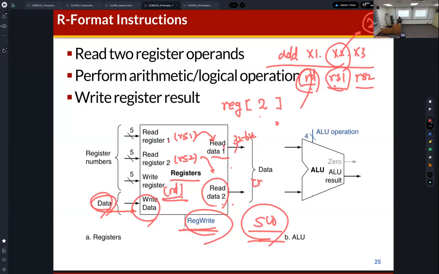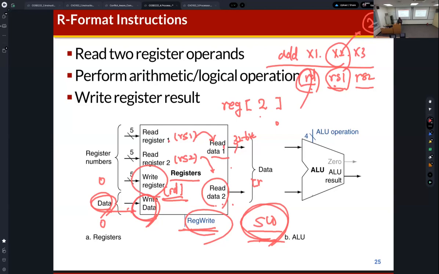So actually the store word instruction does not require register write operation. But this is just the electric signal. So which means that actually we can give any values to this write register number and write data port. Okay. So for example, we can give 0 and 0 here. So actually the 0, it's okay because the 0 is always 0.